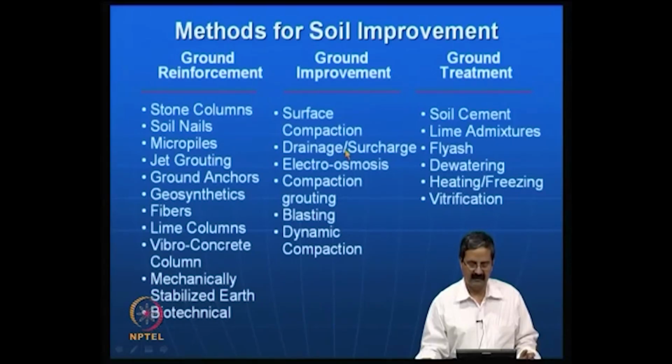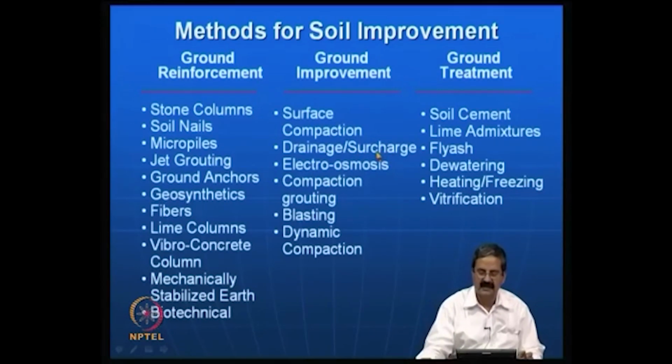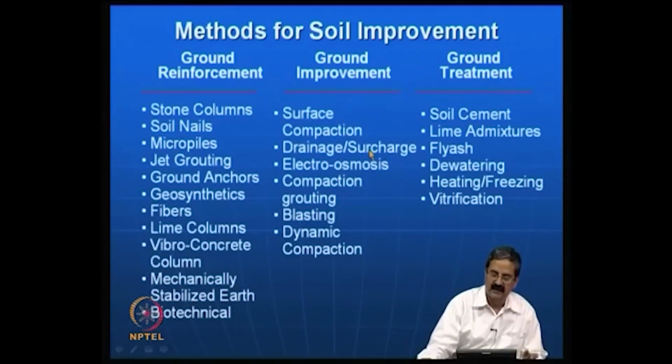Below the pre-consolidation pressure, the soils will have less settlement. That is a standard thing. So, we try to apply a very high surcharge such that the existing load is less than the surcharge, with the result that whatever settlement or strength you want, it is there.